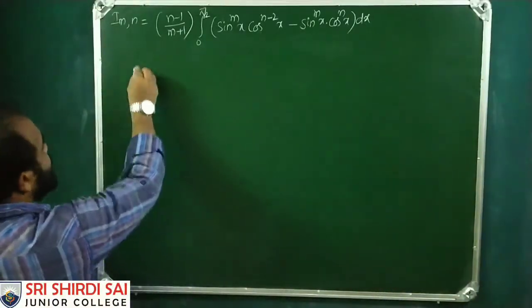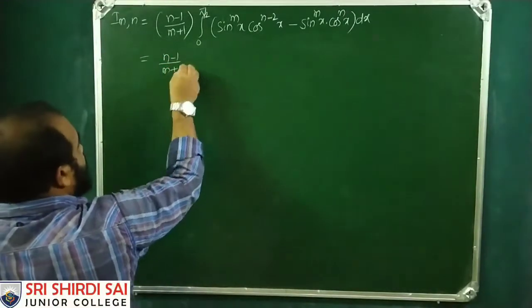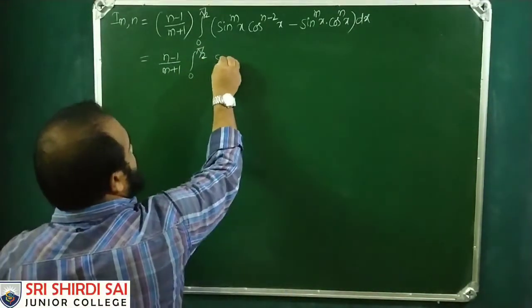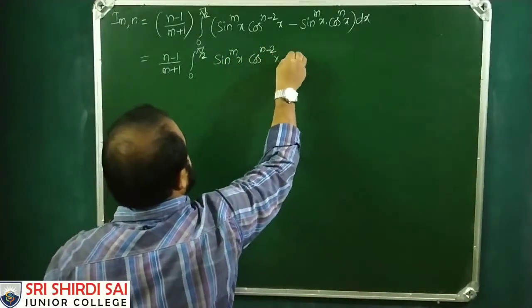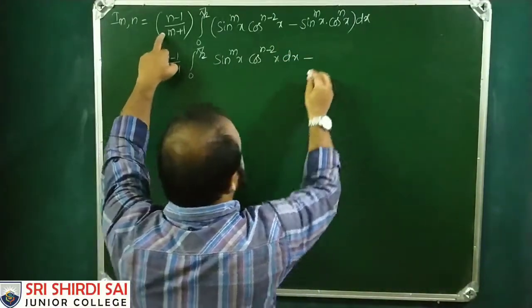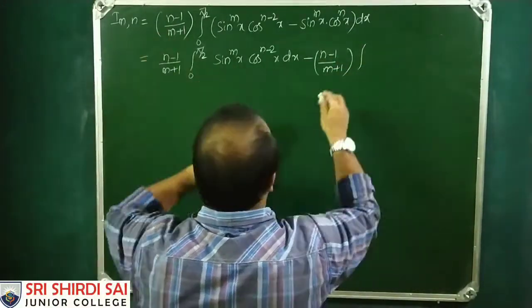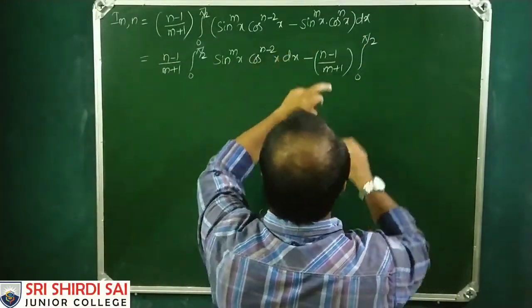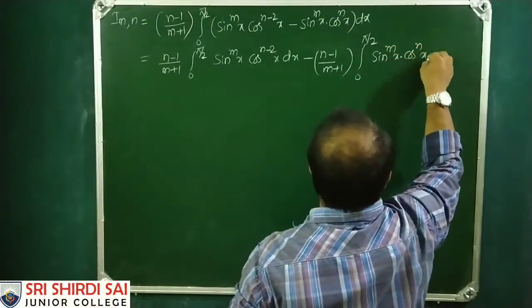Let us continue. So this is n minus 1 by m plus 1 integral 0 to pi by 2 sin power m x into cos power n minus 2 x dx minus n minus 1 by m plus 1 integral 0 to pi by 2 sin power m x into cos power n x dx.